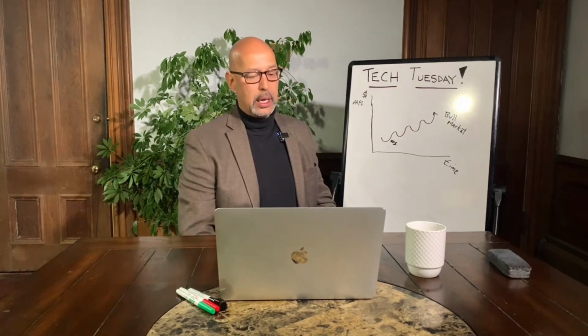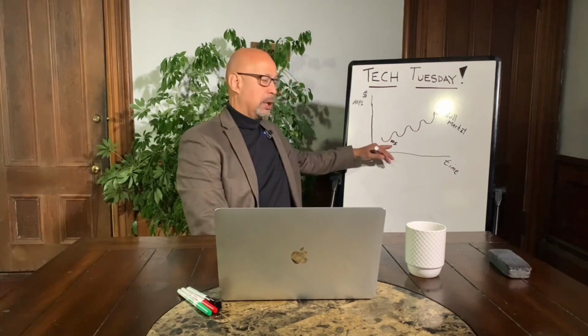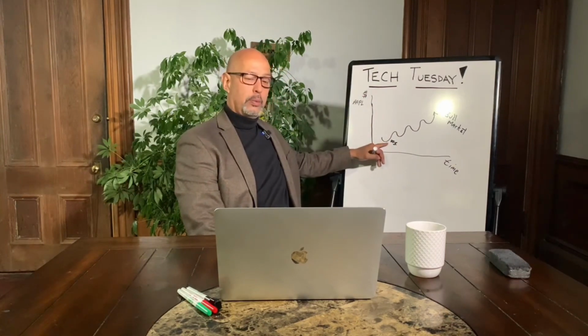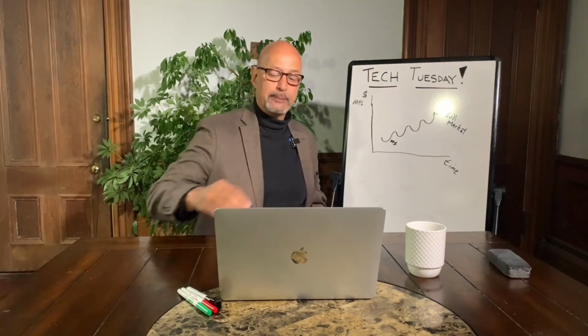The accumulation phase is generally the first phase of a bull market, and generally that phase is highly influenced by the market makers, the ones who actually make the market happen. They're the ones who are going to start accumulating, like if this was Apple, they will be accumulating a significant amount of Apple stock.